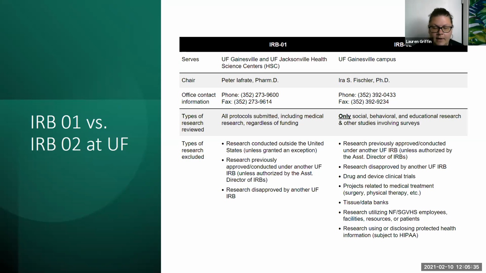If you're sending out an email and it has a survey link in it and you're asking about attitudes towards the media or attitudes towards conservation, things like that, that'll probably be going to IRB 02. So this is one of the bigger differences between the two, the type of research. But again, you can do a lot of different things through the system, and we're always happy to help you figure out where you need to submit if that's something that you need.